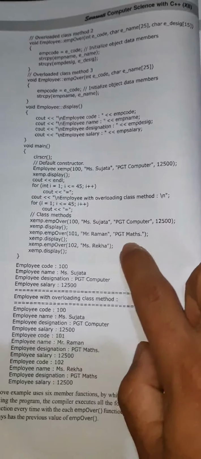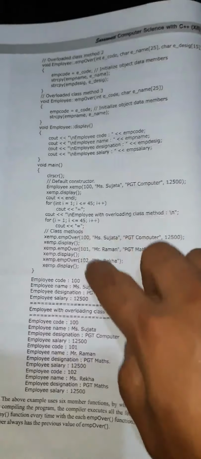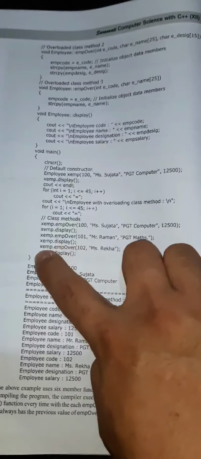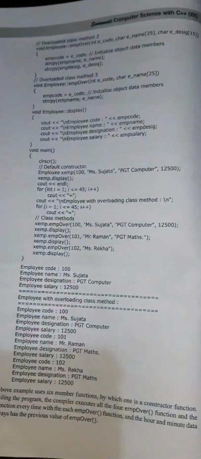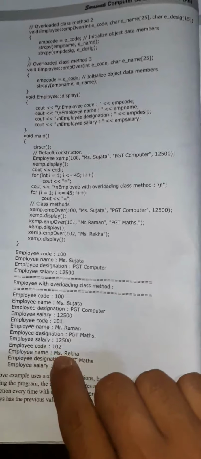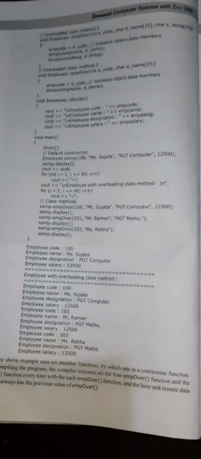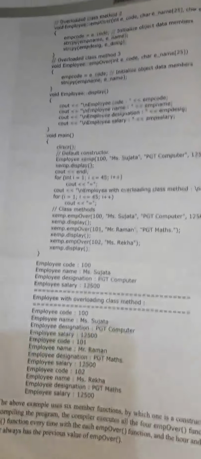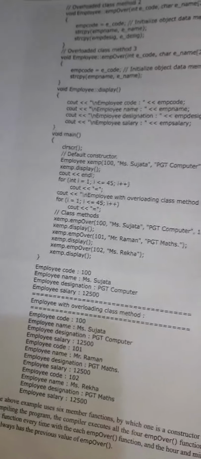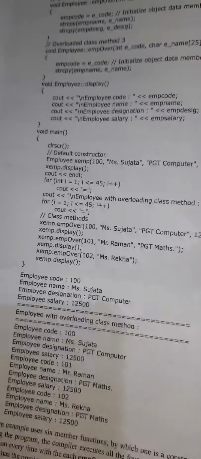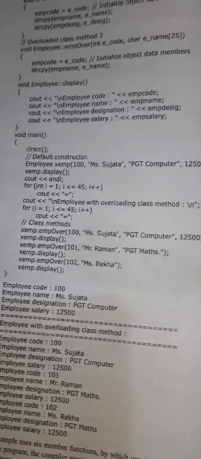The previous default value will be assigned when xemb.display gets called. In the same way you can see the output: Miss Rekha, PGT maths, 12,500. So using this class member overloading method, it is possible to assign values depending on the number of parameters.